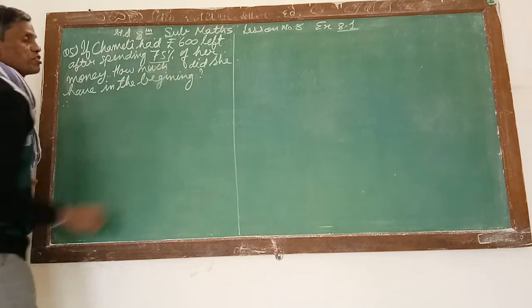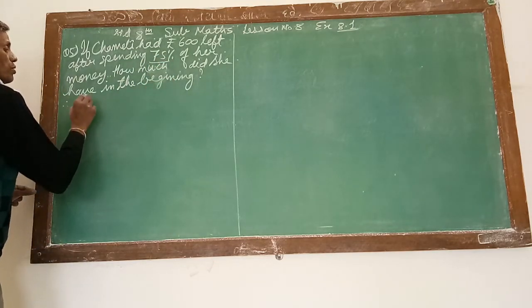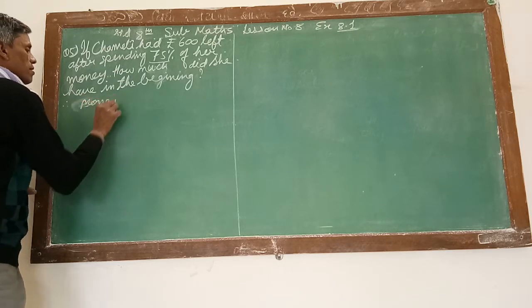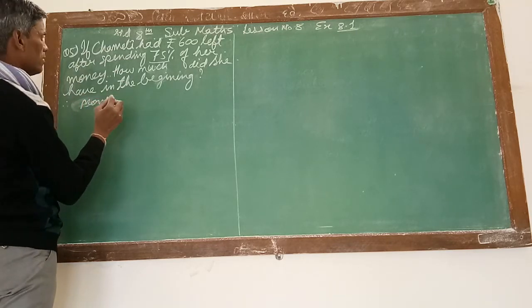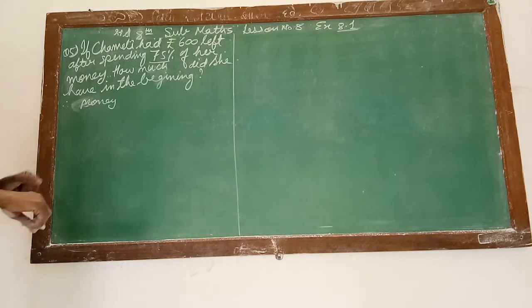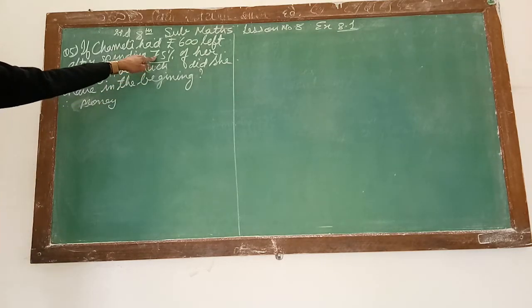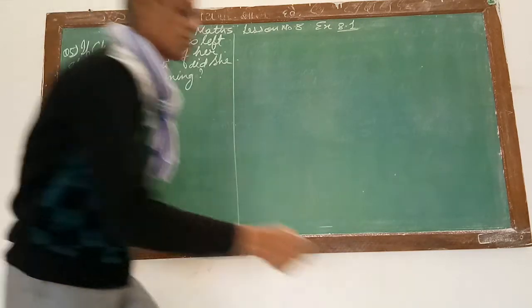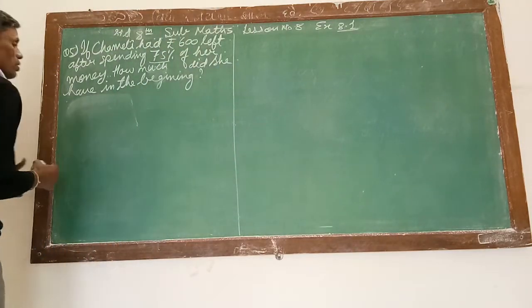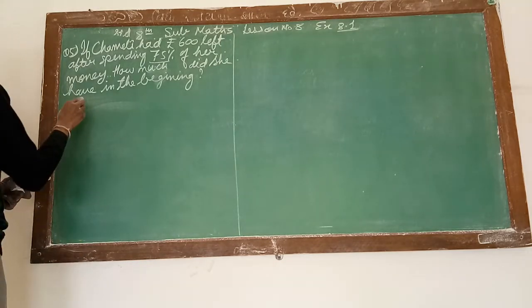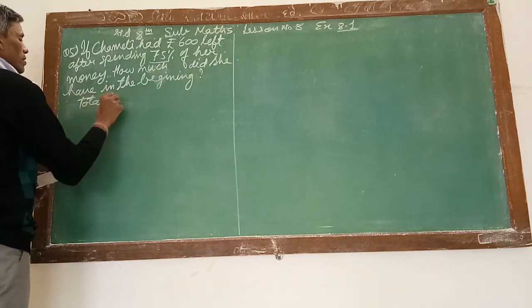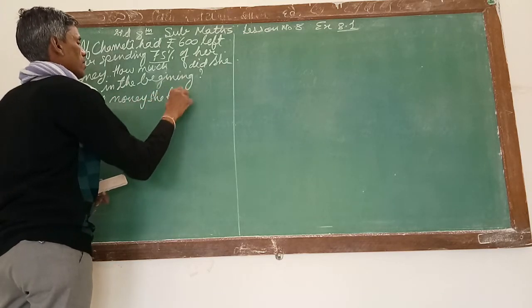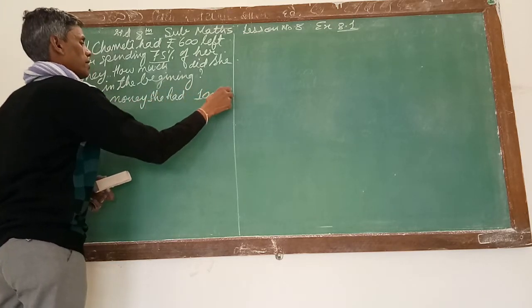Percentage is given for what she spent. Total money she had is 100%.